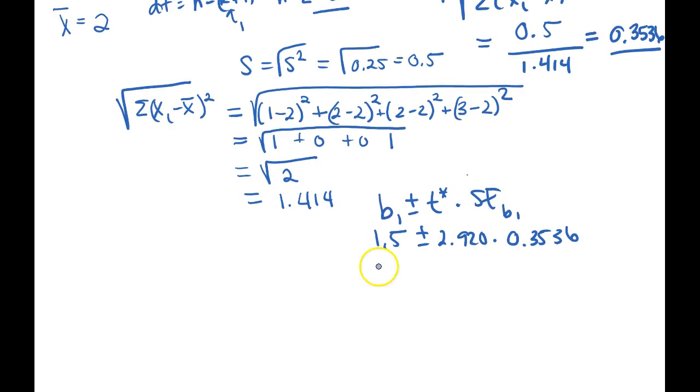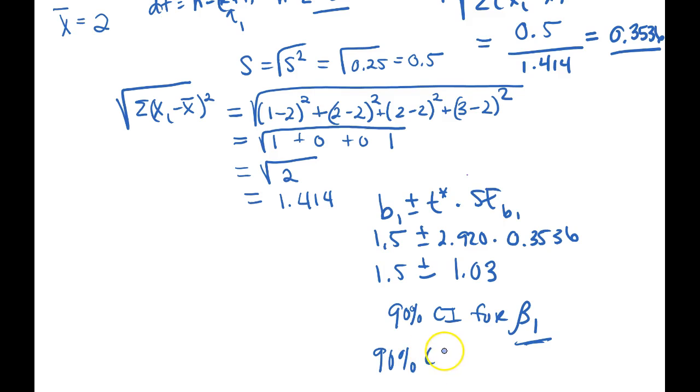We then get a margin of error of 1.03, a little rounded, which means that our 90% CI for beta 1, our true parameter, is between 0.47 and 2.53.